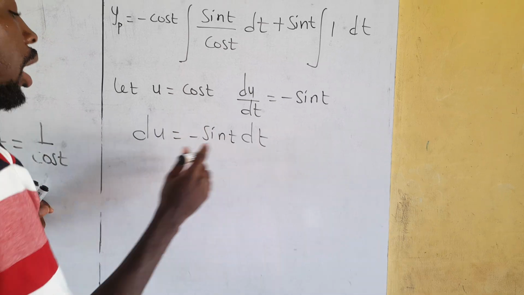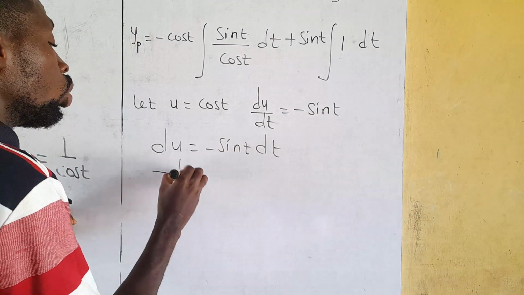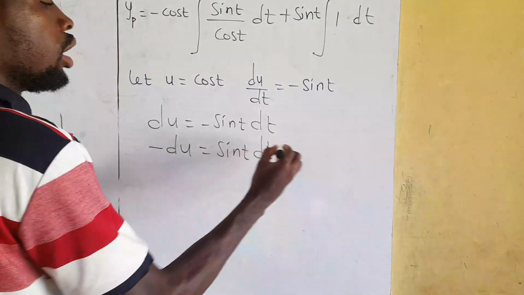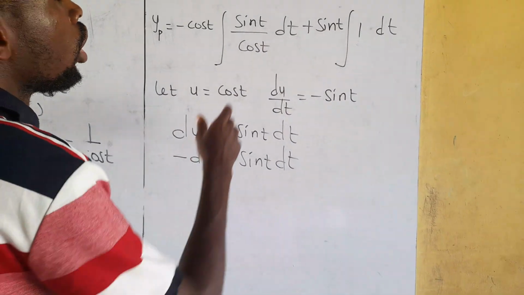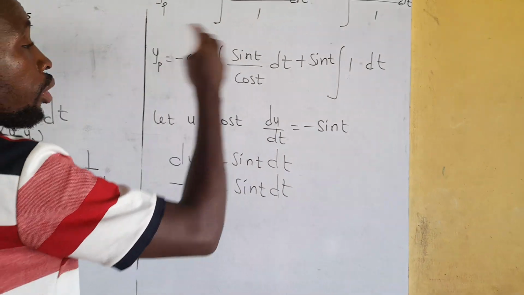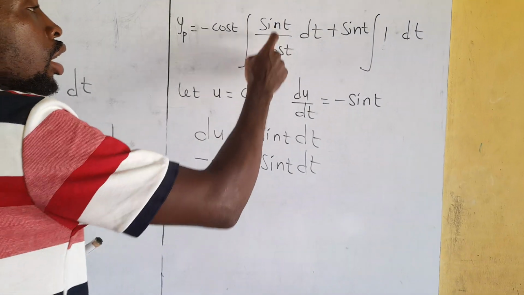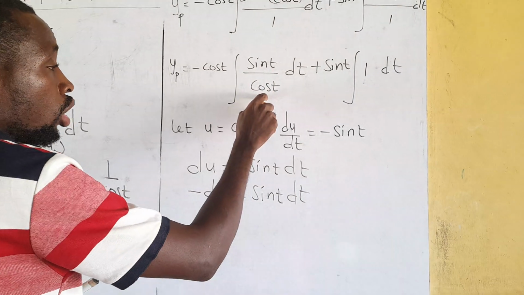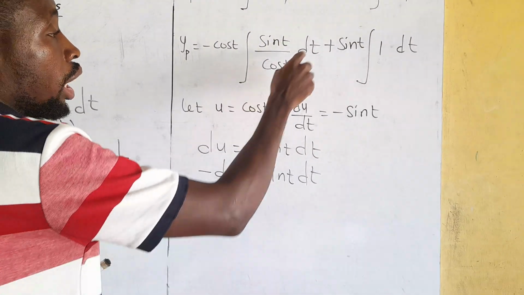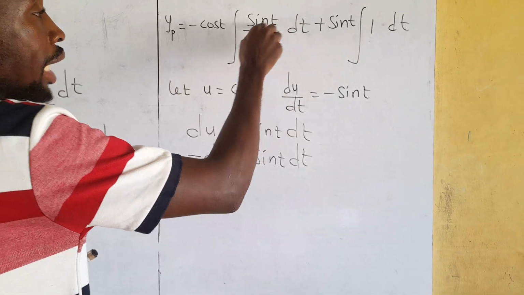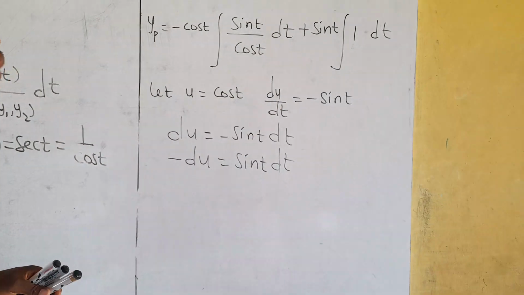When we divide both sides by negative 1, then negative du is equal to sin t dt. So, remember this function can be written as 1 over cos t sin t dt. Then we have 1 over cos t, which is u, so 1 over u, and in place of sin t dt, we substitute negative du.